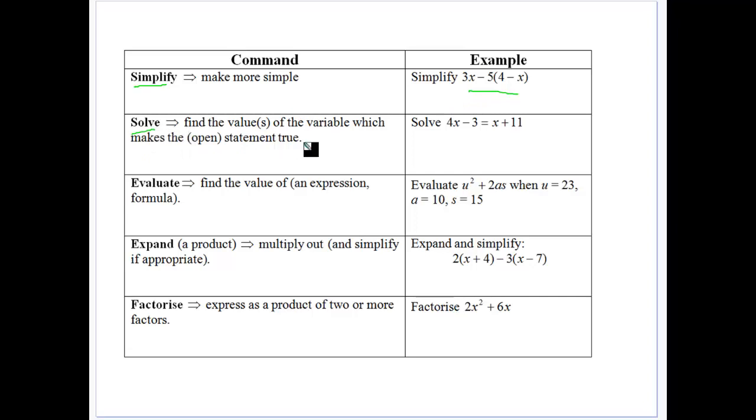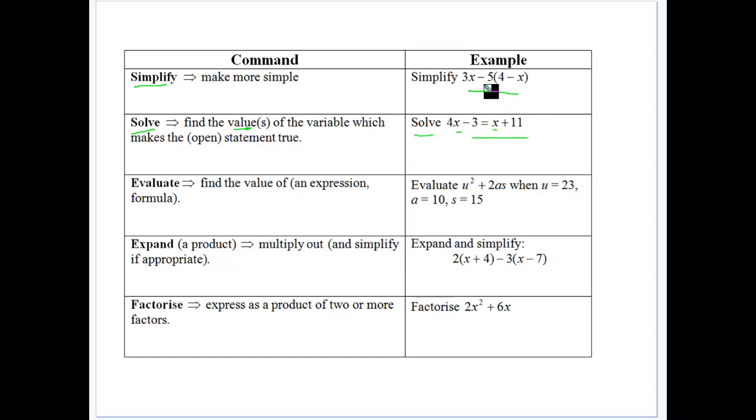Solve is used with equations. So we have solve an expression, solve an identity or an equation. What we're trying to do is find the value of the variable. We've got a variable in there, and when we ask to solve, we want to find that value.